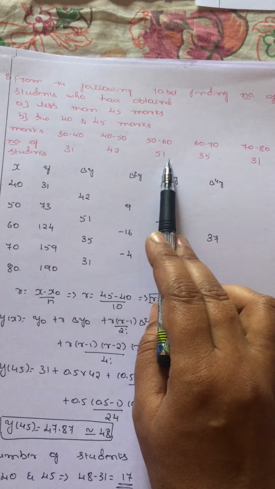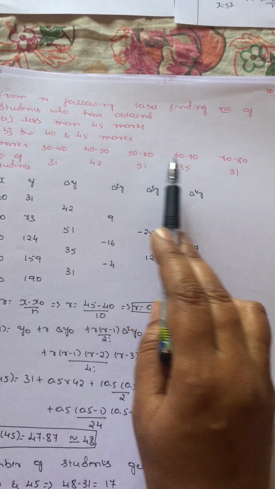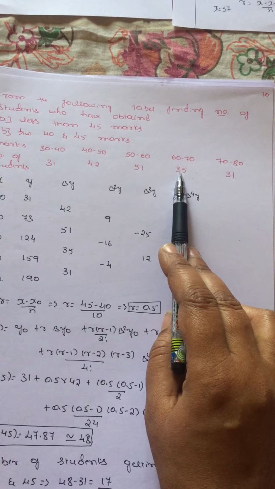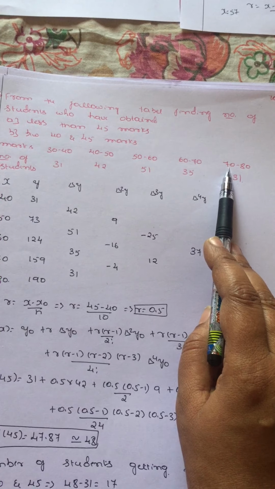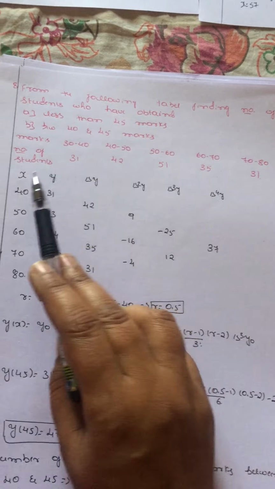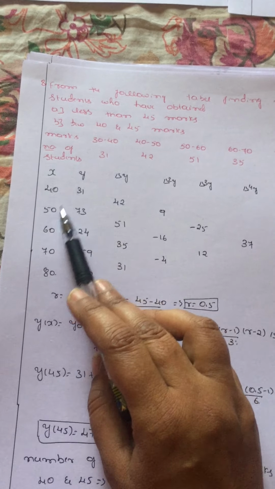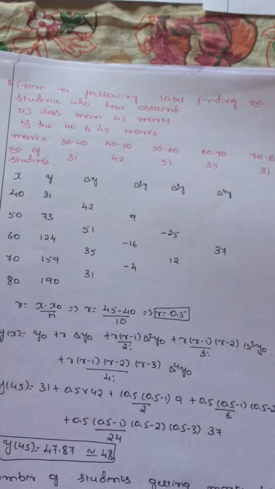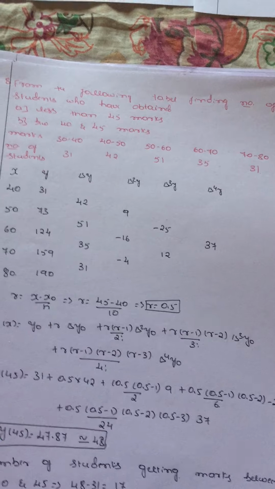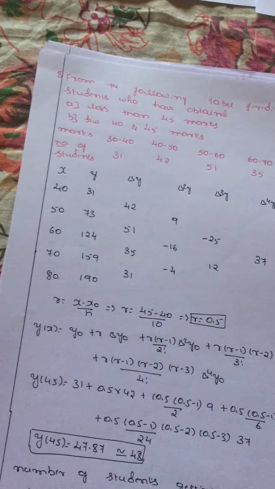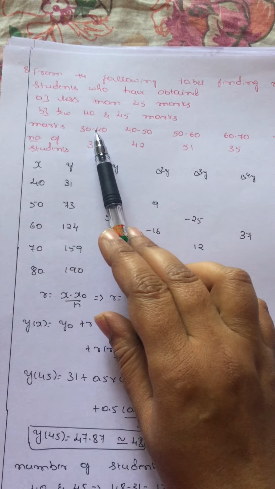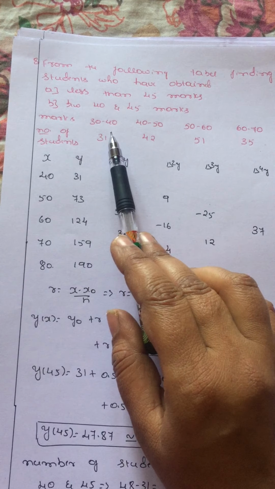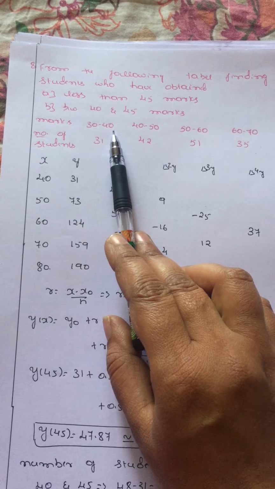Next, 51 students scored between 50 to 60. 35 students scored marks between 60 to 70 and 31 students scored 70 to 80. So less than 40 is equal to the x value here. Here 30 to 40 also means the 31 students who scored less than 40.